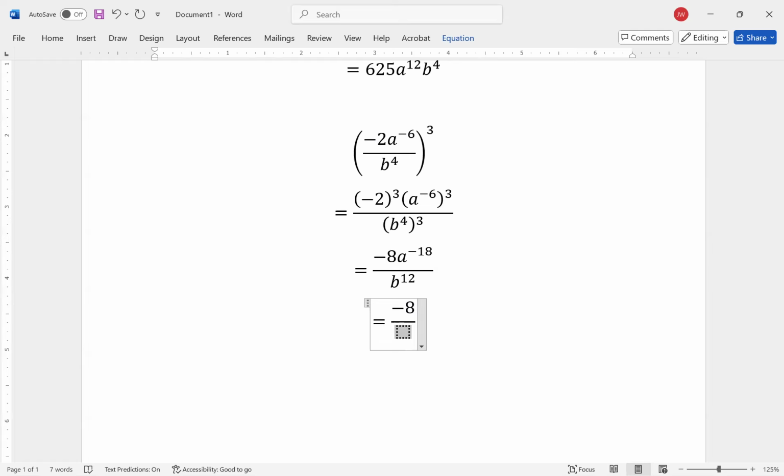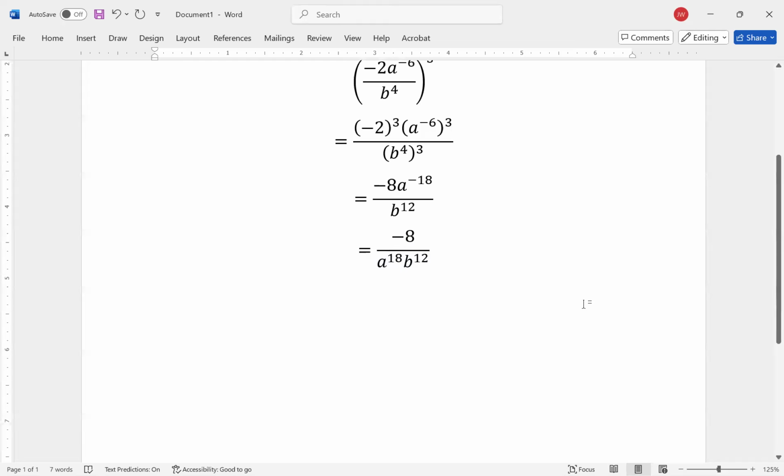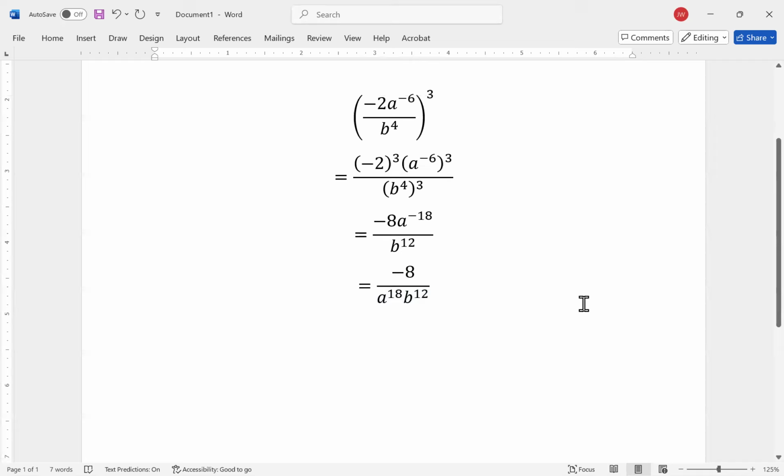But a to the -18th in the numerator changes to a to the +18th in the denominator. B to the 12th in the denominator, since it's already being raised to a positive power, is going to stay in the denominator. So my final answer would be -8 divided by the quantity a to the 18th times b to the 12th.